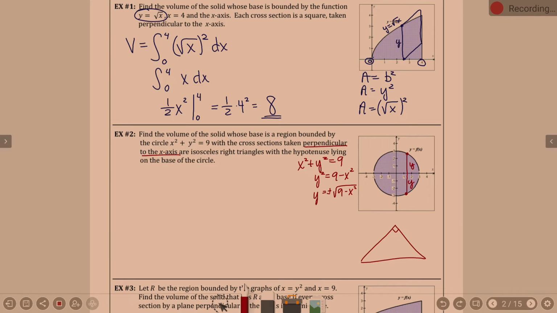Here, we are below and above the x-axis. So we're going to end up having a distance of not just y, but that base is going to be 2y, if you will, right? Because y plus y is 2y. Are you seeing that with me?